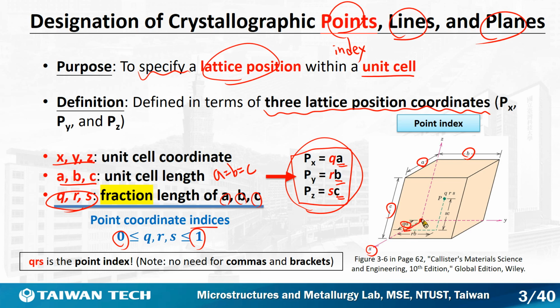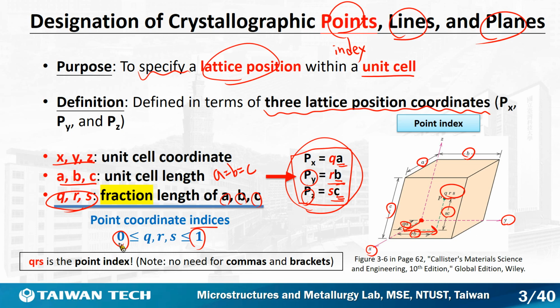We move from the origin a distance of qa, and then y is rb, so this is for the y-axis. We move here a distance of rb. And z is sc, so we move up sc. So we get this point, q, r, s. Okay, this is how we get point indices.